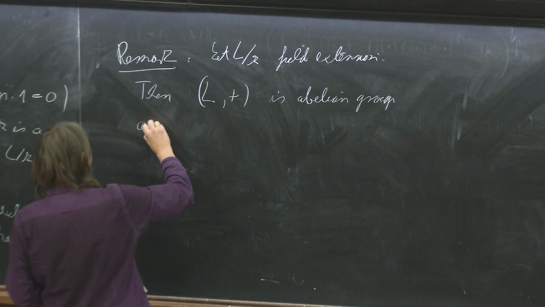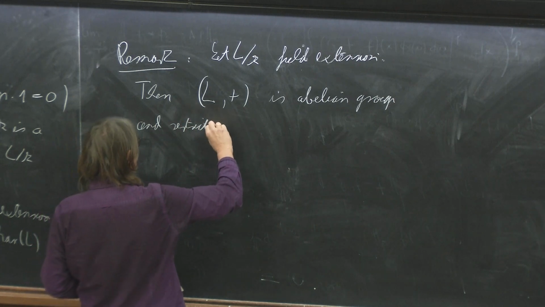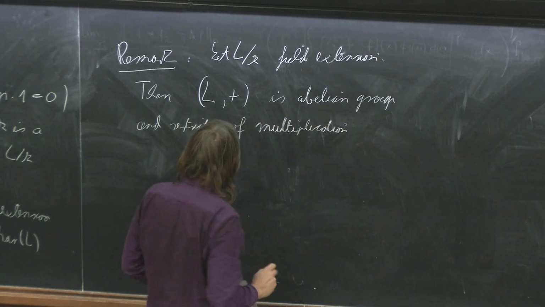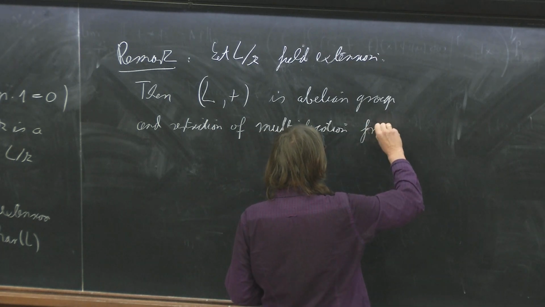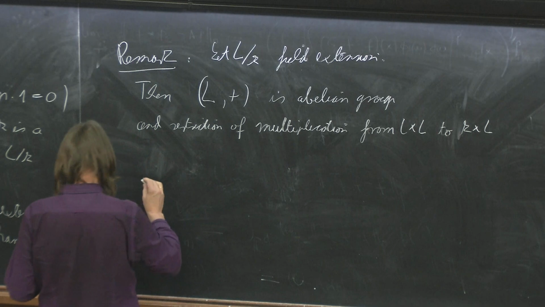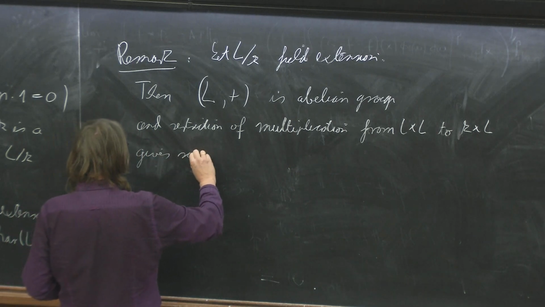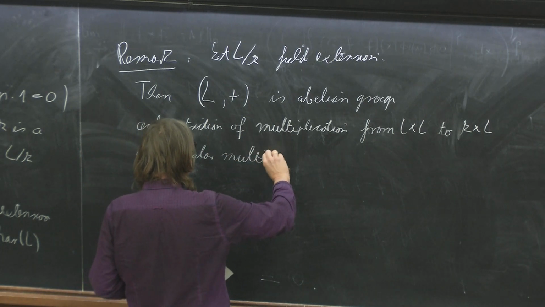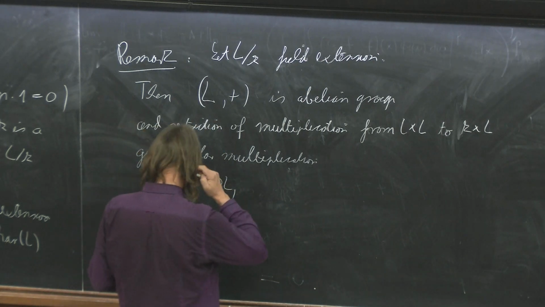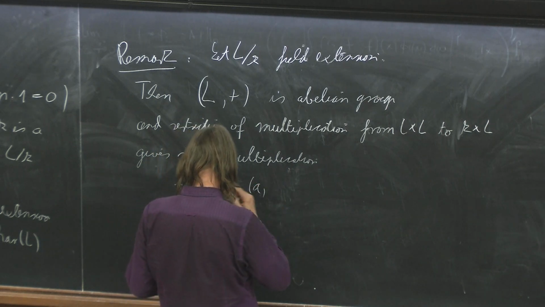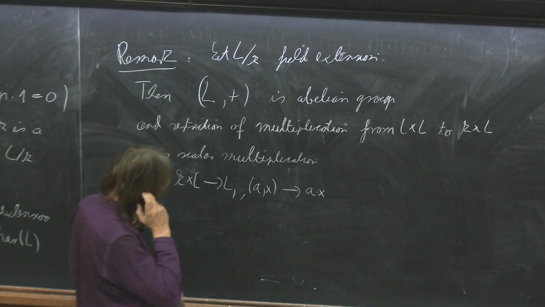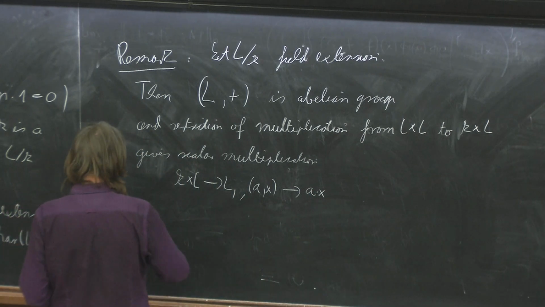And if we restrict the multiplication in L from L times L to K times L, it gives us a scalar multiplication from K times L to L, which sends an element a in K and an element x in L to ax, just the product in L. And we have the distributive laws.